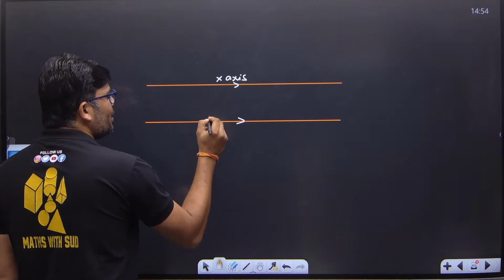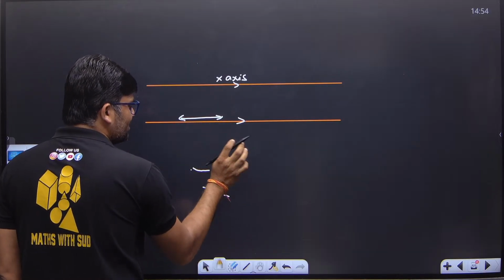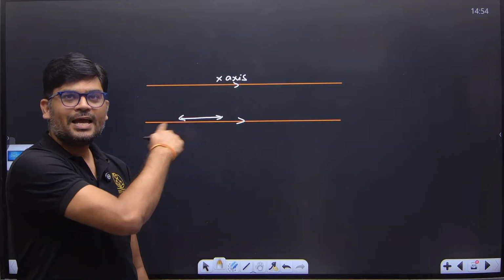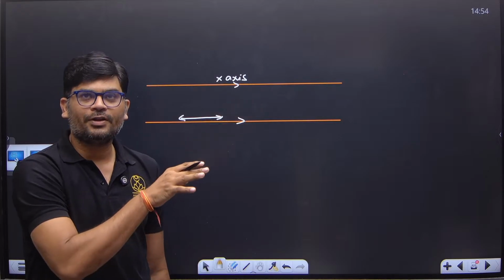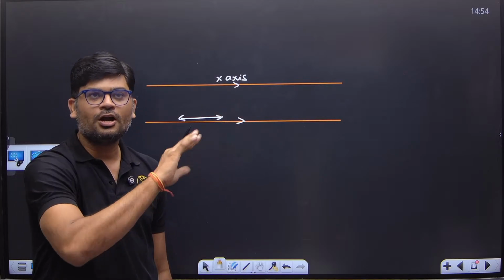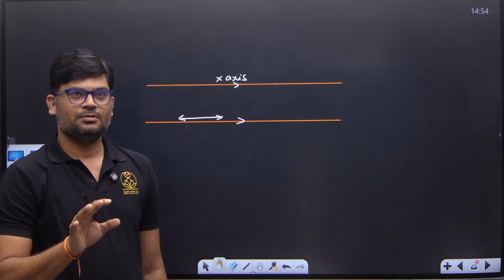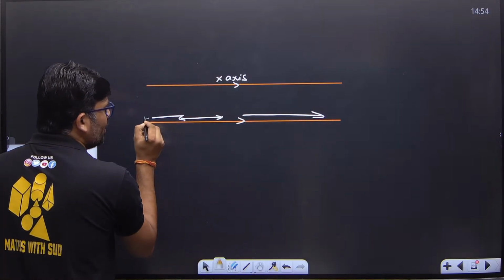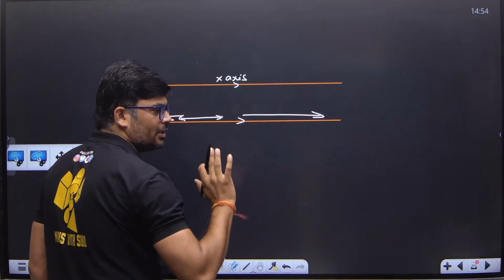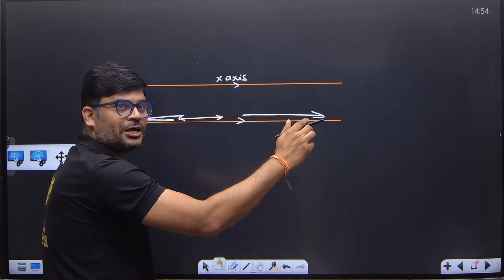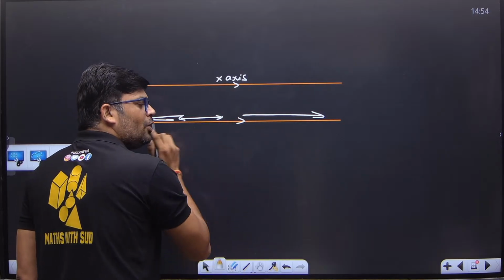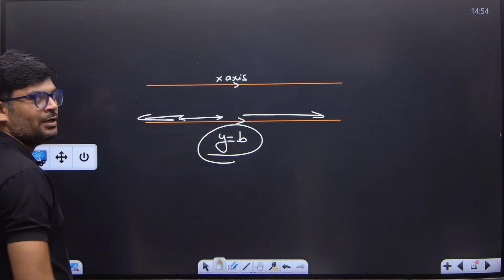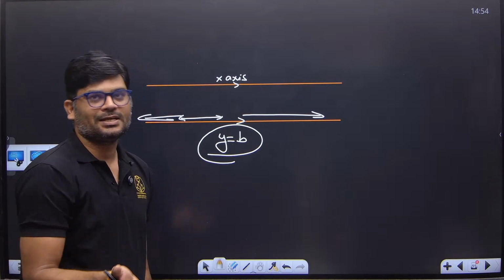If you are moving parallel to this x-axis, you are covering only x direction, not y direction. All the stations are coming on this line only, because this is a straight path which you are following. So what is fixed? Fixed is y. So y is equal to b is the equation of a line parallel to x-axis.